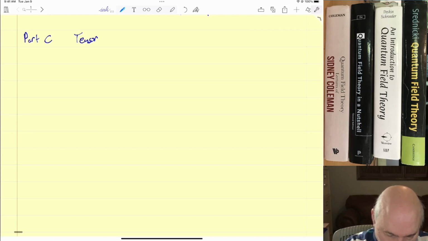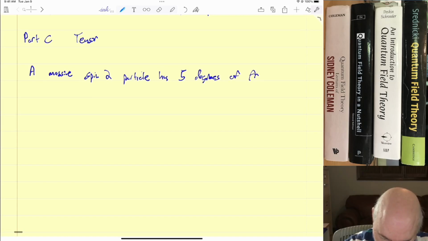So gravity is a tensor theory, and a massive spin 2 particle has 5 degrees of freedom. Just remember your usual angular momentum formula of 2s plus 1, in this case equals 2 times 2 plus 1 equals 5.